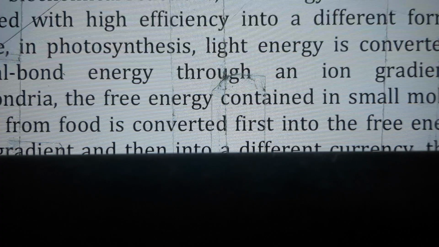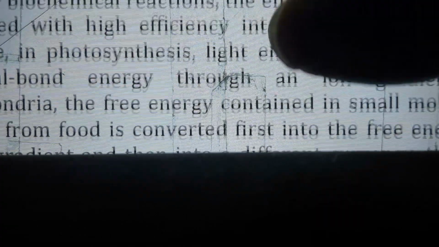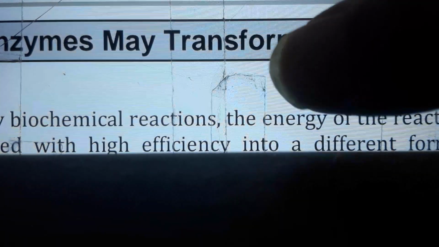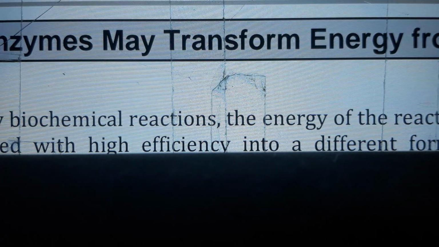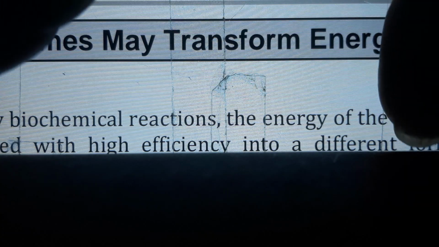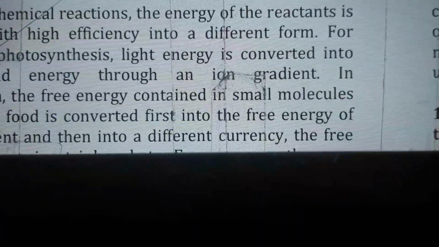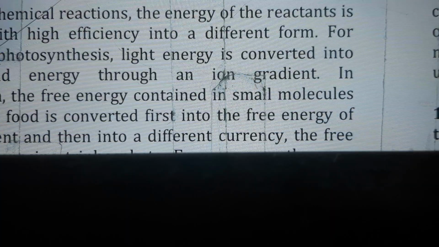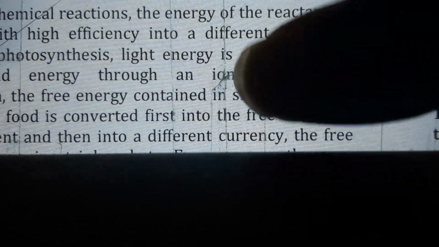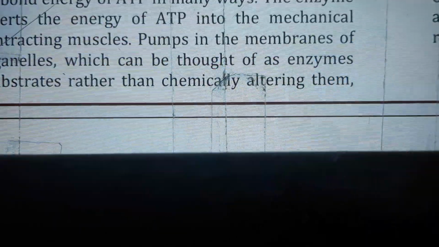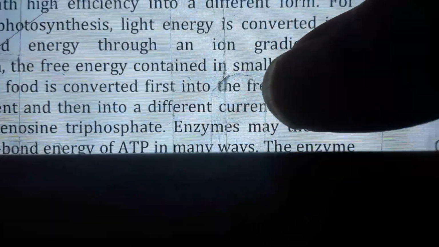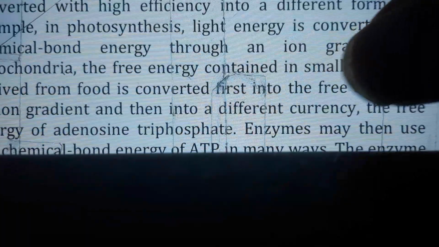Right, now onto the subject proper. Enzymes that may transform energy from one entity to another. In many biochemical reactions, the energy of the reactants is converted with high efficiency into a different form.